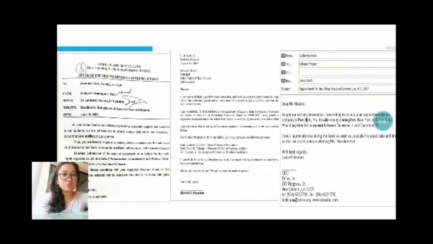Ang first picture is mao na siya ang memo, short and precise, naa siya header, date, and subject. So then the body dayon.